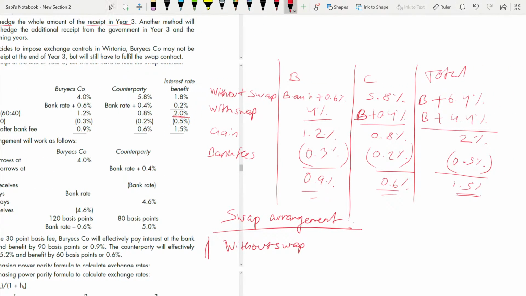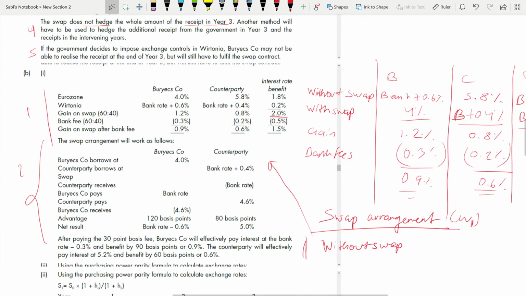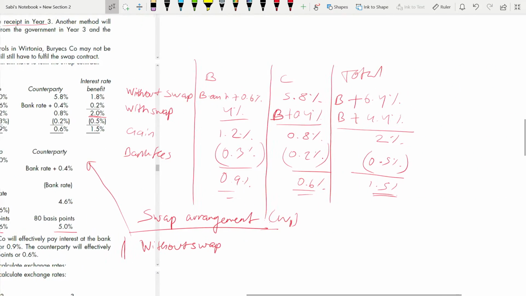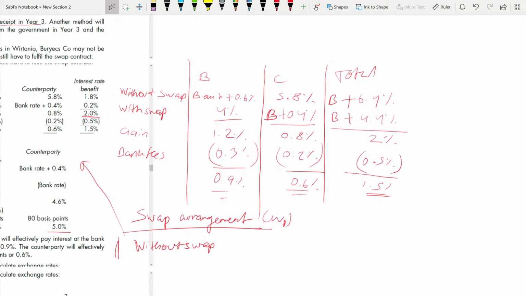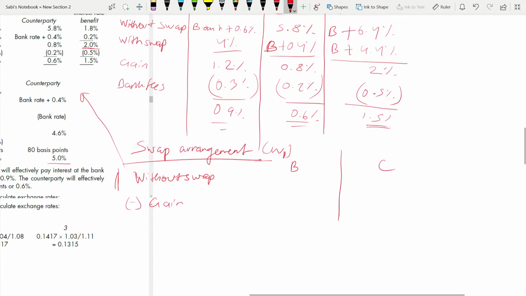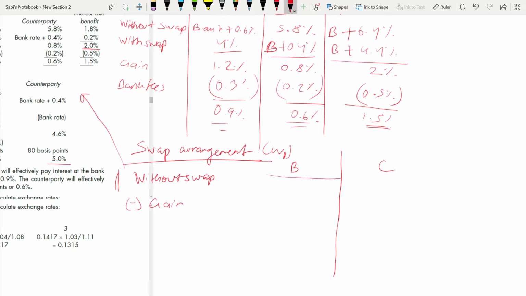But these are your workings, by the way. These are not in your main table. I'm showing you how to get this net result. First start with without swap minus your gain for both B and the counterparty.